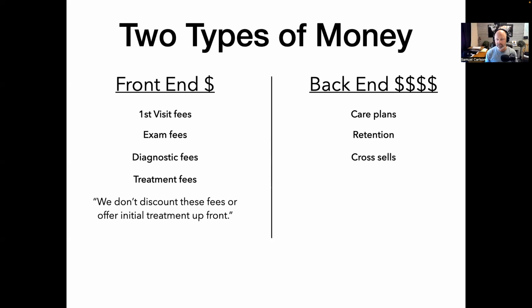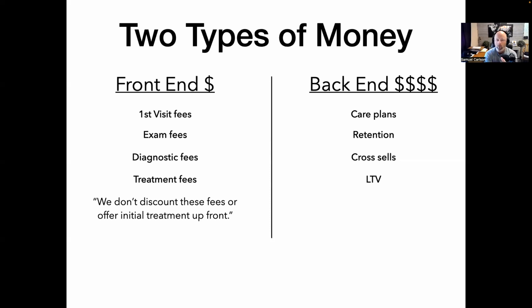And then during a re-exam, it would say, well, I think you're a candidate for XYZ, whatever it was. And now we have more sales that happen from that one person. And then the lifetime value of our patient is getting bigger and bigger. There's this front end money and back end money.